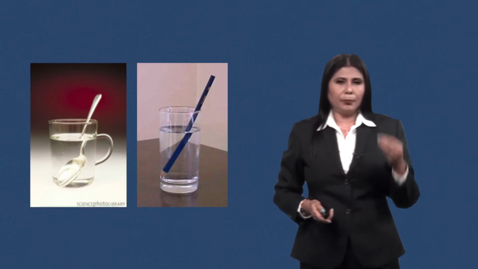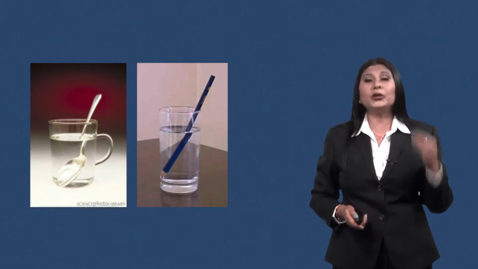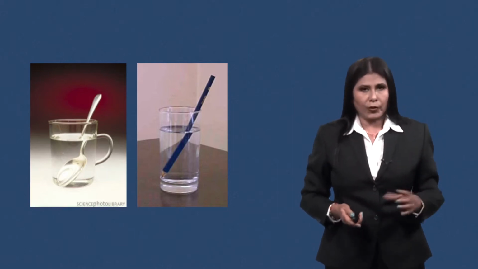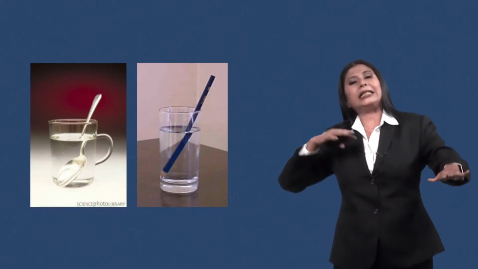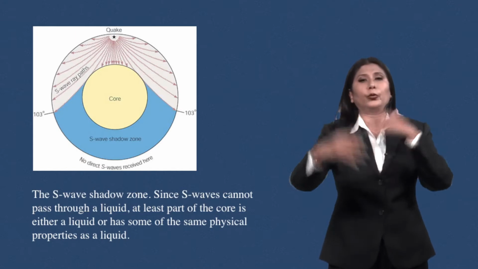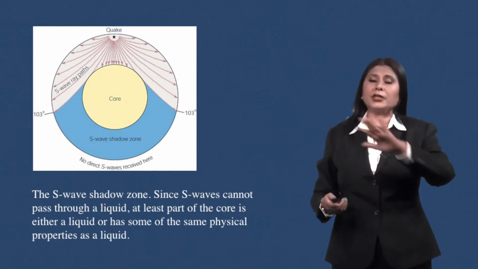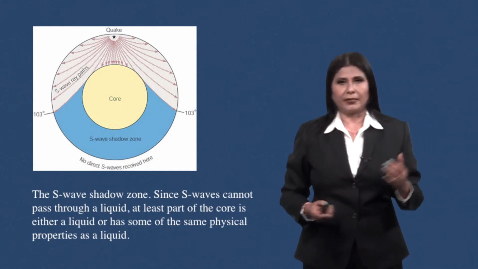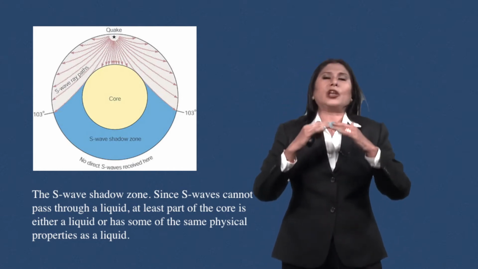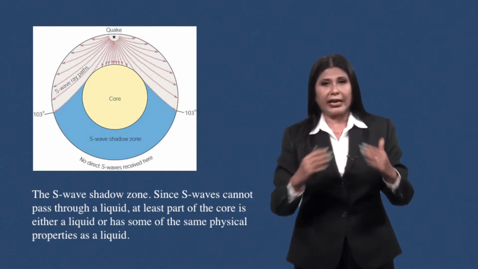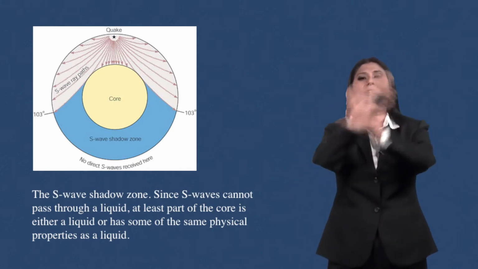When we put a pencil or a spoon into water, it looks like it is broken. That is called refraction. What is happening? It is entering another medium with different density and it is bending. The same thing happens, the waves start refracting. When it comes to the S wave, somewhere at a depth of say 2800 to 3000 kilometers, the same point where P started bending, it disappears.